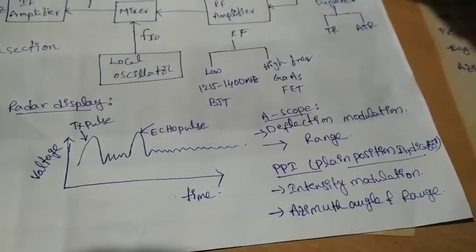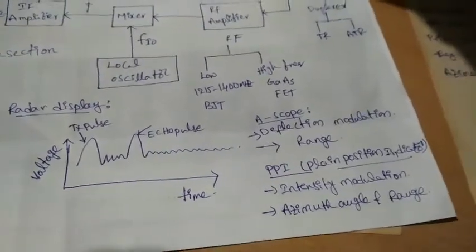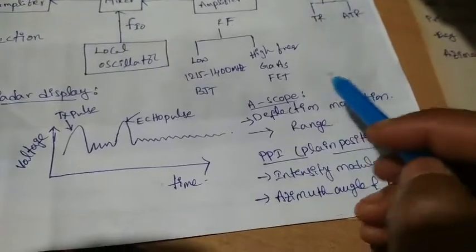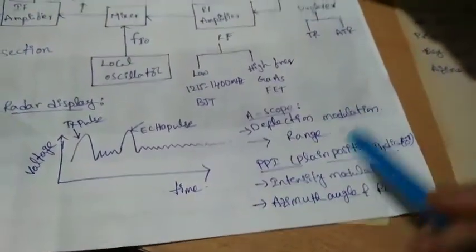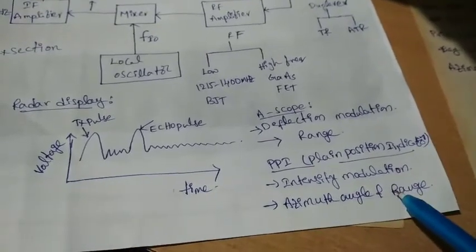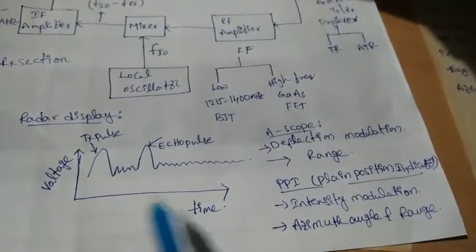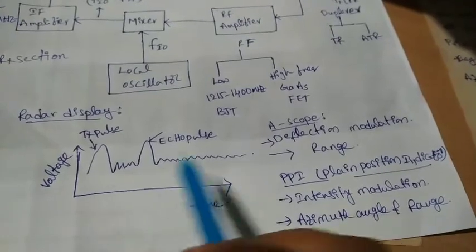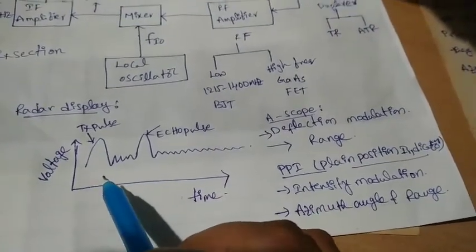The A-scope is based on deflection modulation and gives range, and the PPI is based on intensity modulation and gives azimuthal angle and range. So this is the radar display graph diagram. Thank you.